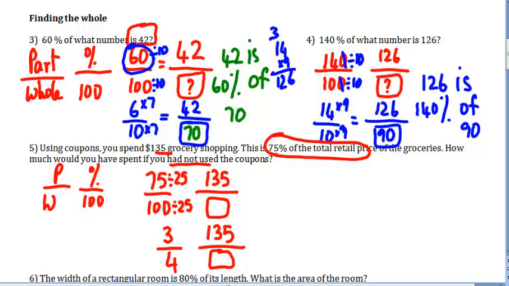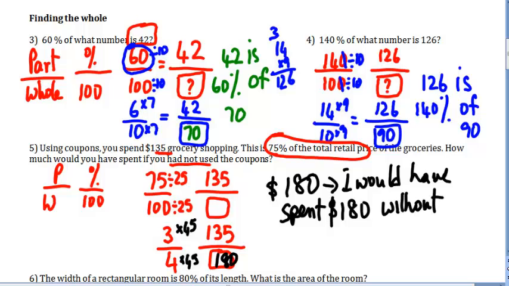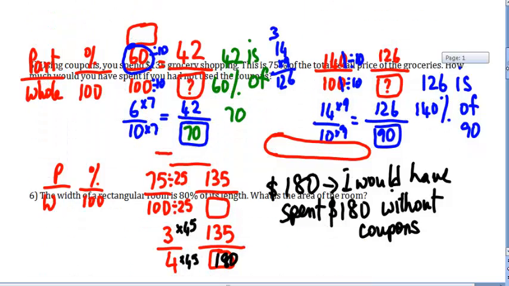Yes, 9 is a multiple of 3. So 3 times 45, if you figure that out, and 4 times 45 is 180. So the actual bill was $180. So I would have spent $180 without coupons. So again, remember, you always give your final answer for a story problem as a complete sentence.